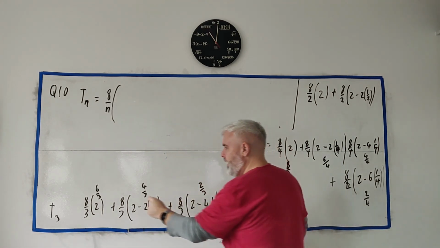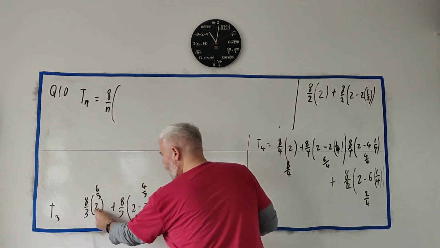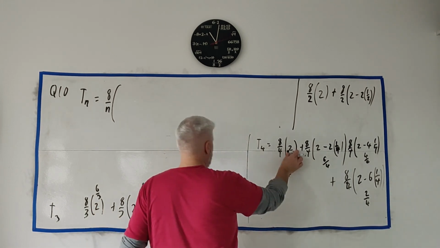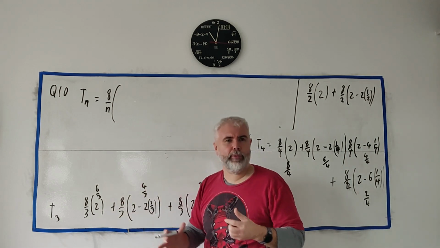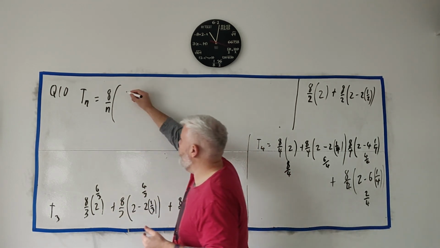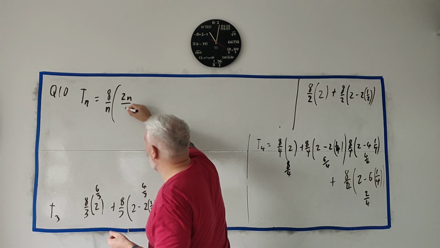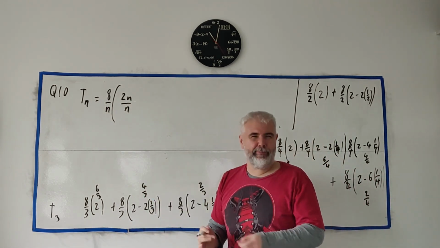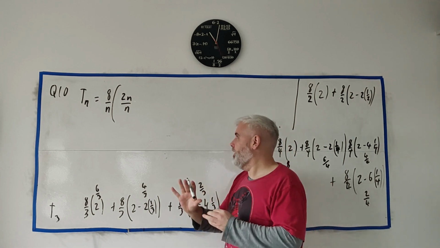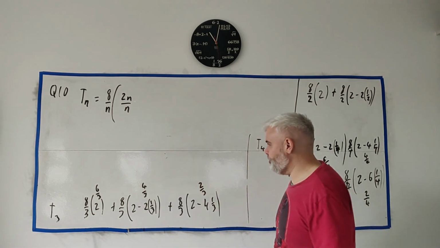Okay, what's next then is, it seems to be always 2. Always 2 is the first term. To make it look a bit more reasonable, I'm going to write 2 as 2n over n. Don't worry if you don't have that. It just makes it look a little better. It's okay if you add that in a little later though.